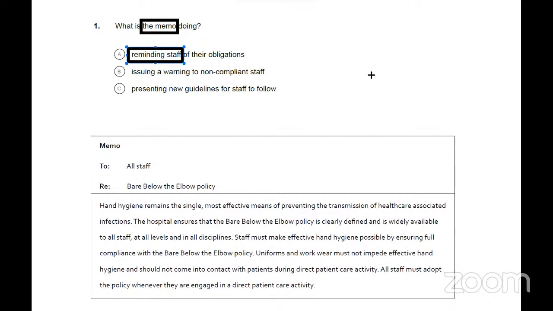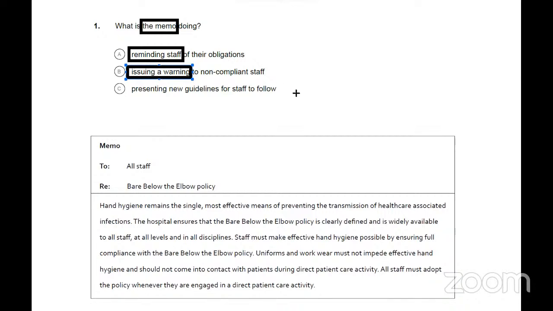Reminding means telling what we already know. Now, second one is issuing a warning. Issuing a warning.